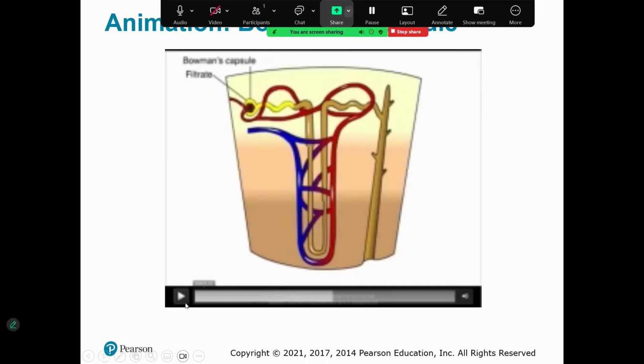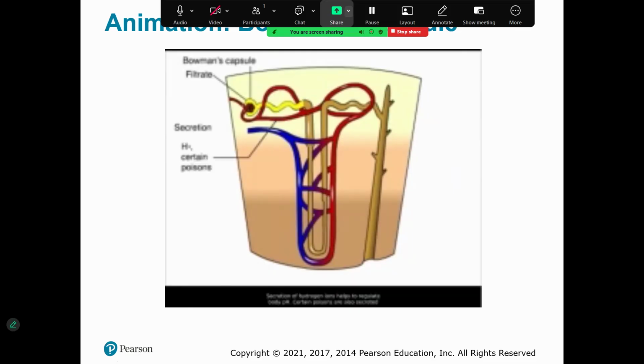Certain substances are transported from the blood and added to the filtrate, a process called secretion. Secretion of hydrogen ions helps to regulate body pH. Certain poisons are also secreted to remove them from the blood.